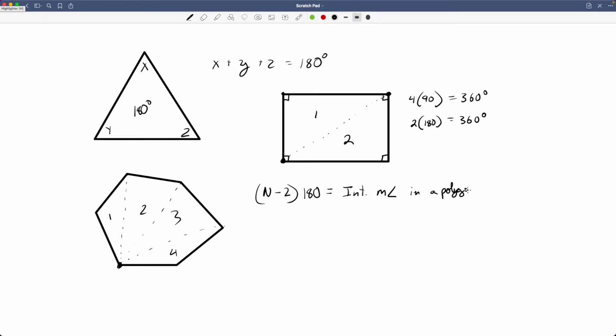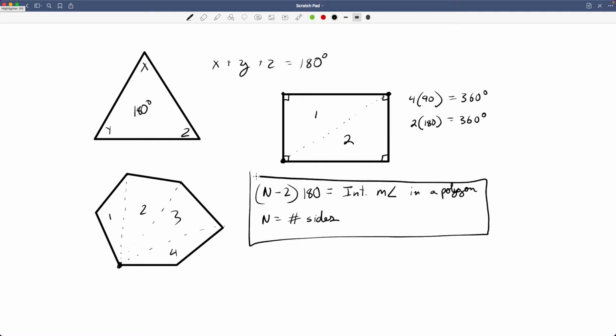If I can spell polygon this morning. So n minus 2, where n equals the number of sides. You're going to want to write this on the back of your notebook. And this is n minus 2, where n is the number of sides, times 180 is the interior measure of the angles in a polygon.